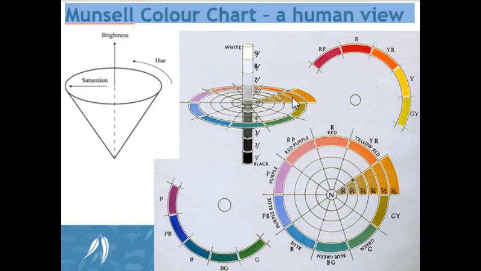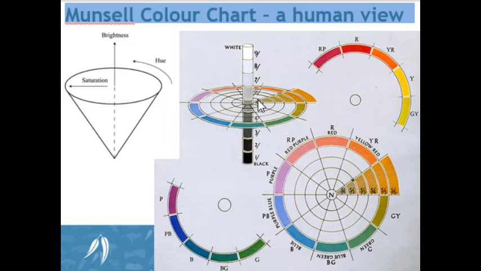So we can have really concentrated yellow, and then we can change the intensity as we move down towards the centre. Okay, that's really what a good artist is doing. They're playing with all those three things. They're playing with the hue, red, yellow, green, blue. They're playing with the saturation, and they're playing with the brightness. Okay, and that gives us all our colours that we can see as a human.